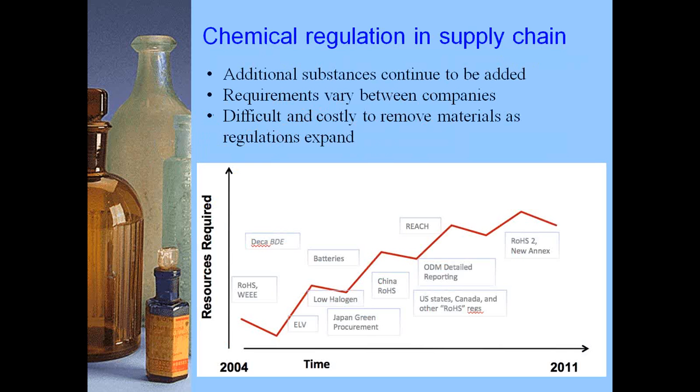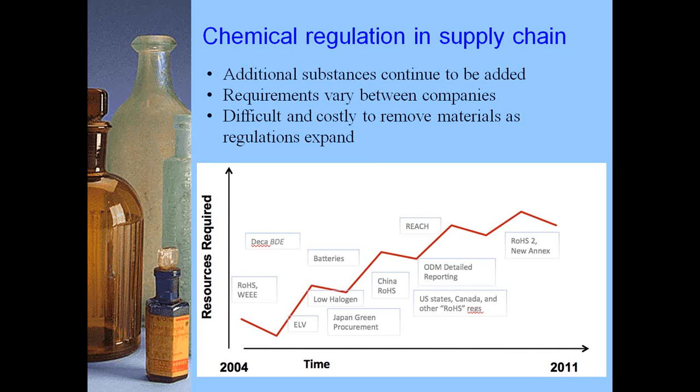I do want to show a little bit more about chemical regulation, and I like showing this graph because it shows that over the last three, four, five years, a lot of legislation has been passed on specific chemicals. The European Union REACH legislation. There's a lot of information on individual states.